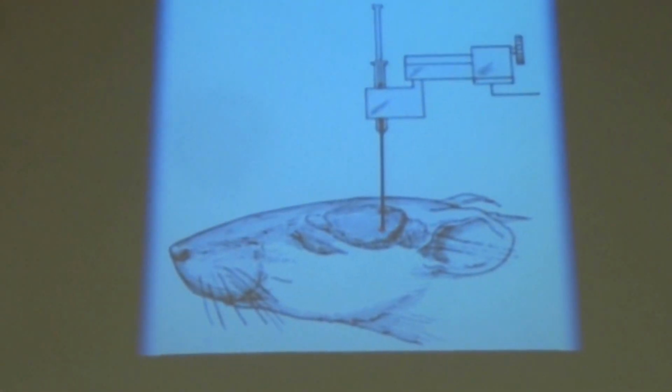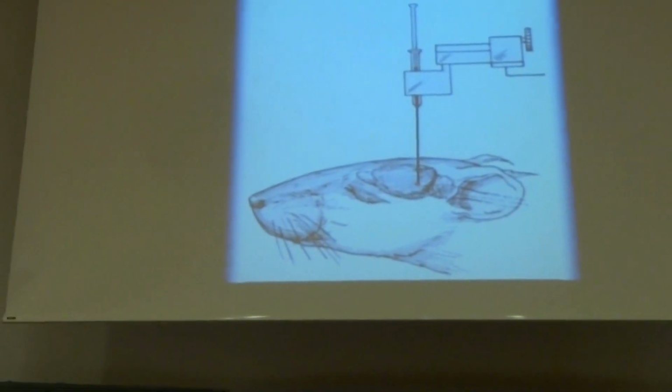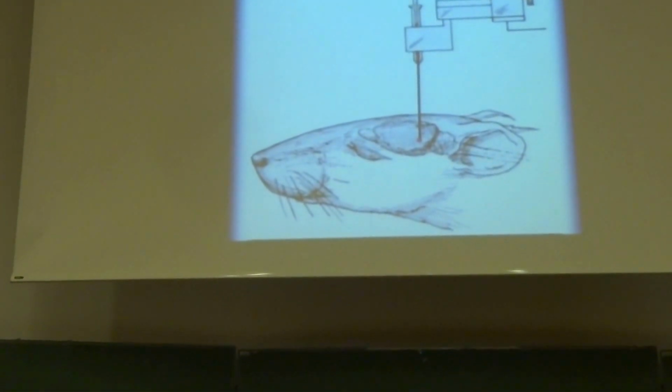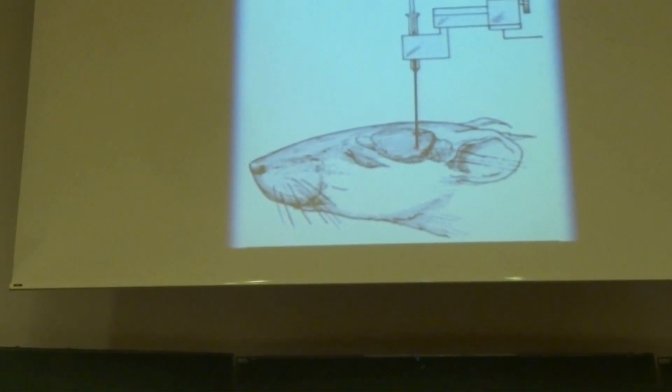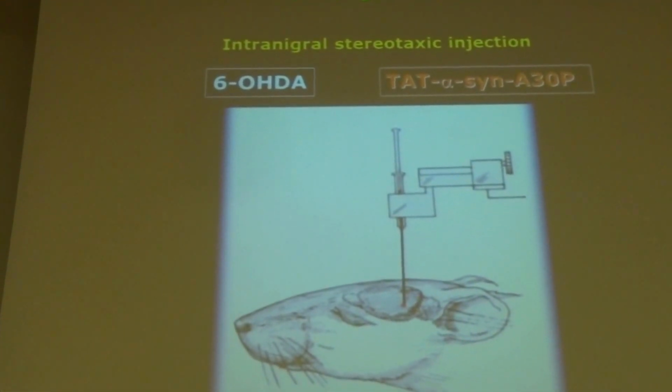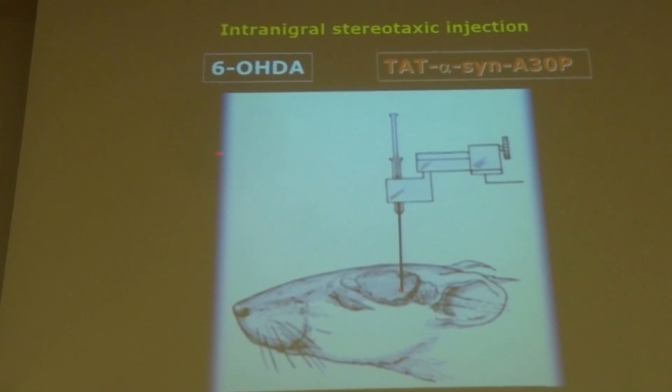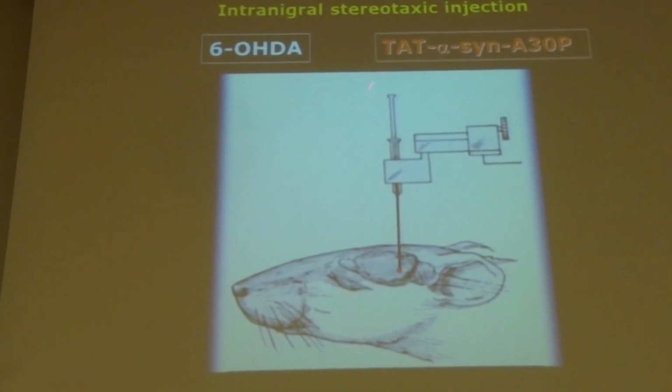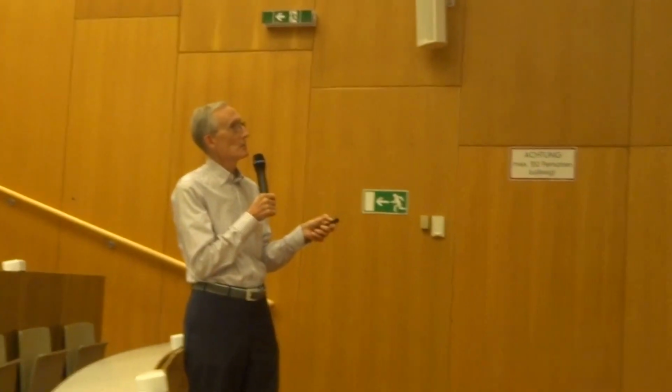So, a classical model of Parkinson's disease is to inject stereotaxically into the substantia nigra 6-hydroxydopamine. So we use that as our standard, or this fusion protein TET linked to alpha-synuclein, this mutation, which is more aggregate prone.